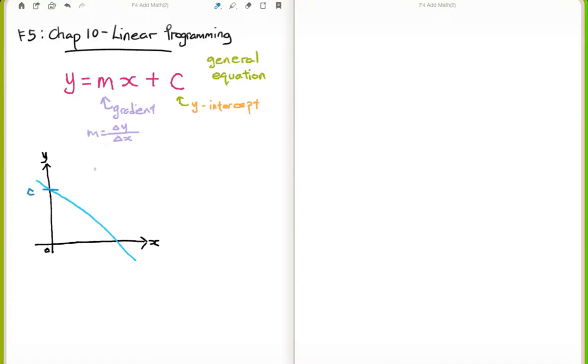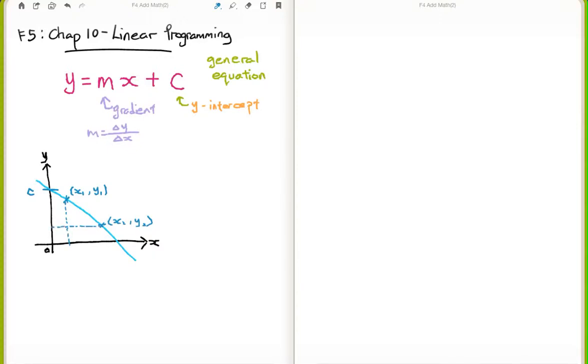If I want to find the gradient, I need two coordinates. Say this is my first coordinate, x1, y1, and this is my second coordinate, x2, y2. For the gradient, all you need to do is find the change of x and the change of y.